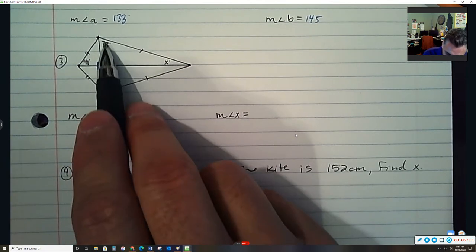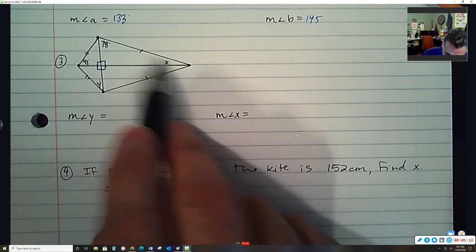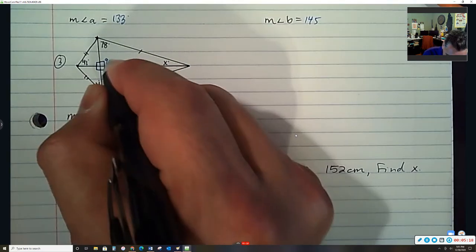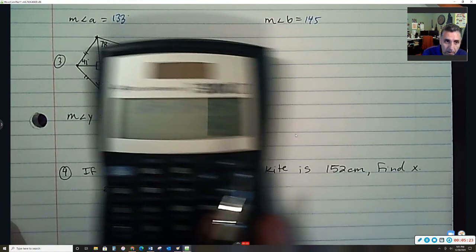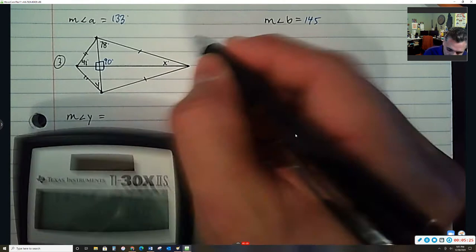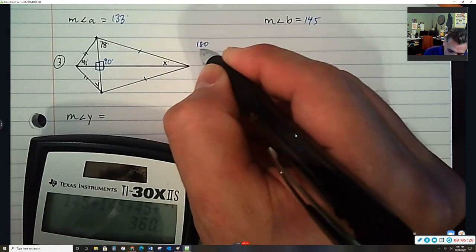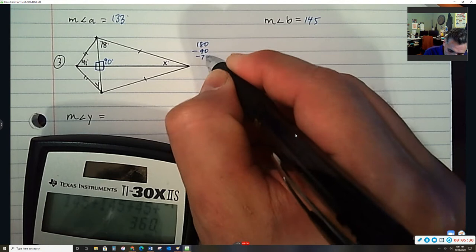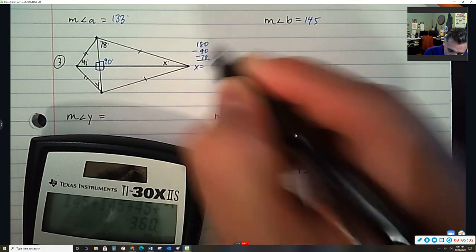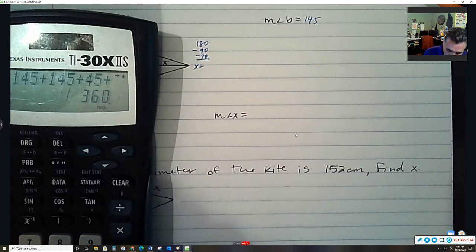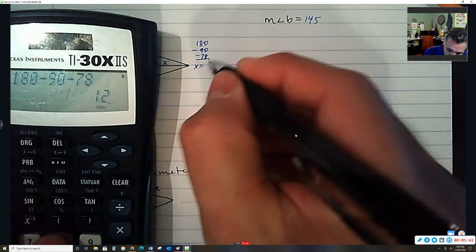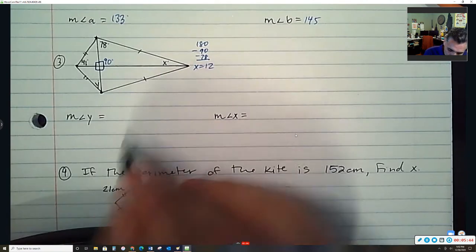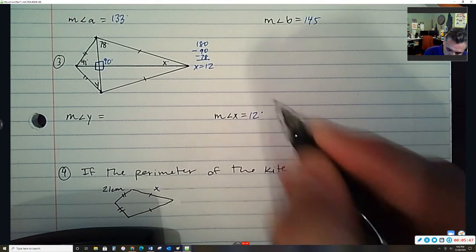Now if you look at this top triangle here, well, we just said this is 90, right? If we want to figure out x, that's easy. We've been doing that. Because it's a triangle, I know if I subtract out the ones I have, I'll be left with what I'm looking for. So x is 12.